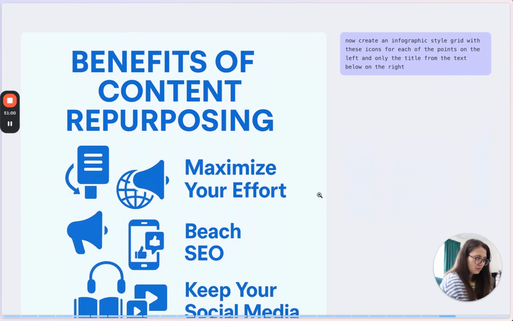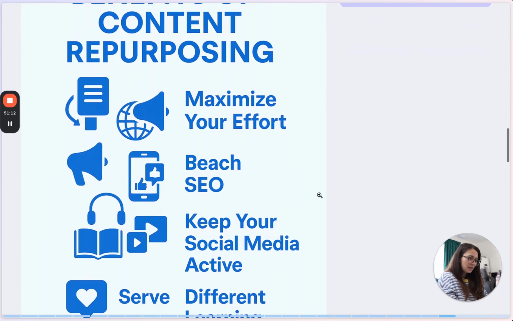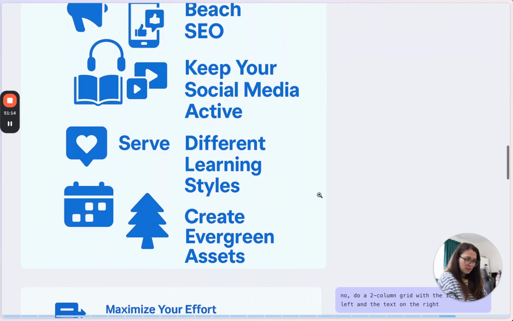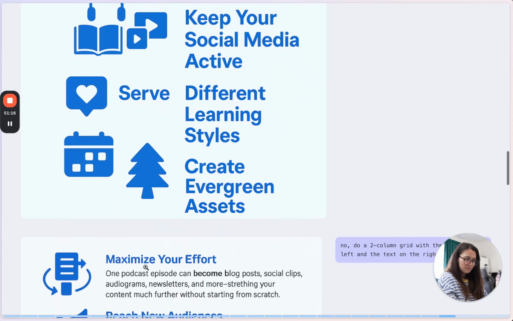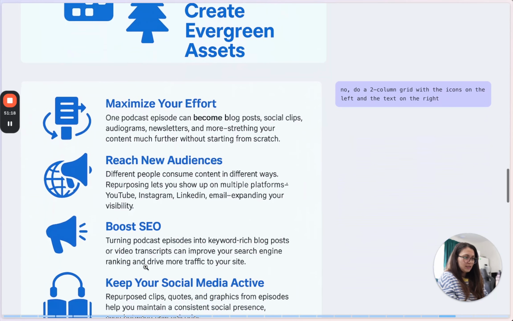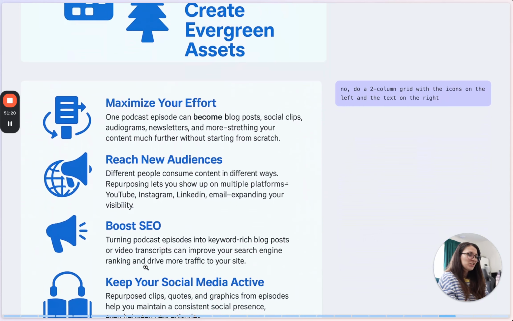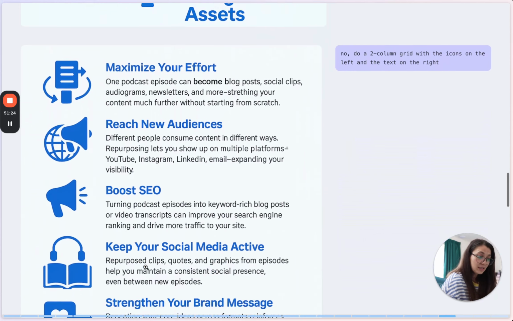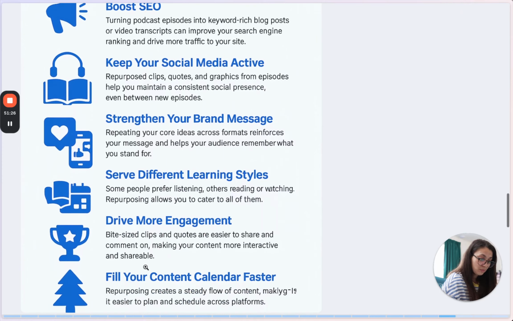And then I asked it to, okay, now use these icons together with the points that I've given you to create the infographic style grid. And it's not getting the grid part, like it kind of is, but not fully. And then I said, okay, no, do a 2-column grid with the icons on the left and the text on the right. And it kind of did that for me, and that works.